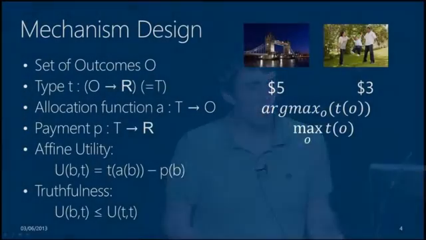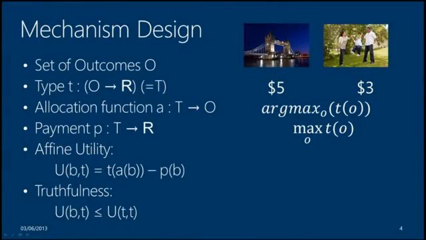That's a perfectly natural thing you could do. So that's one function that shows up in mechanism design. The other function that shows up in mechanism design is a payment rule that says, okay, now also based on that information, I'm going to decide how much you have to pay. And you could, for example, do what would be a first price auction, and that is charge them whatever they said the thing that you chose was worth.